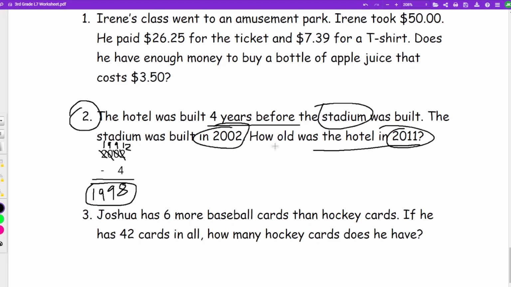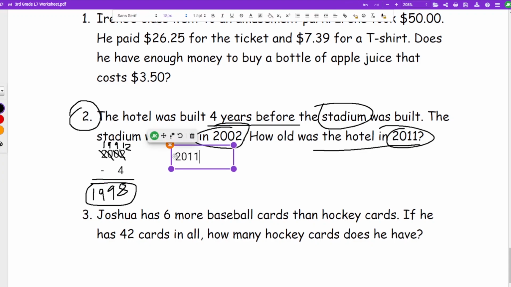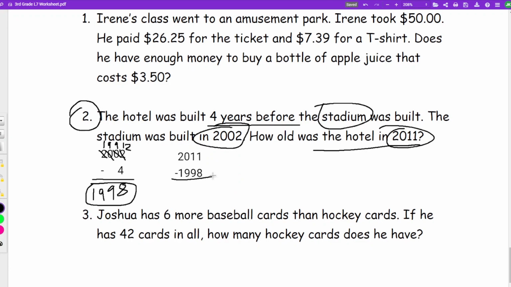So now we have to find how old the hotel was in 2011. Well, I'm just going to subtract the smaller number from the bigger number. So 2011 minus 1998. So 1 minus 8, you can't do that. So I'm going to go to this number here, change that to a 0. This becomes 11. 11 minus 8, that's 3.